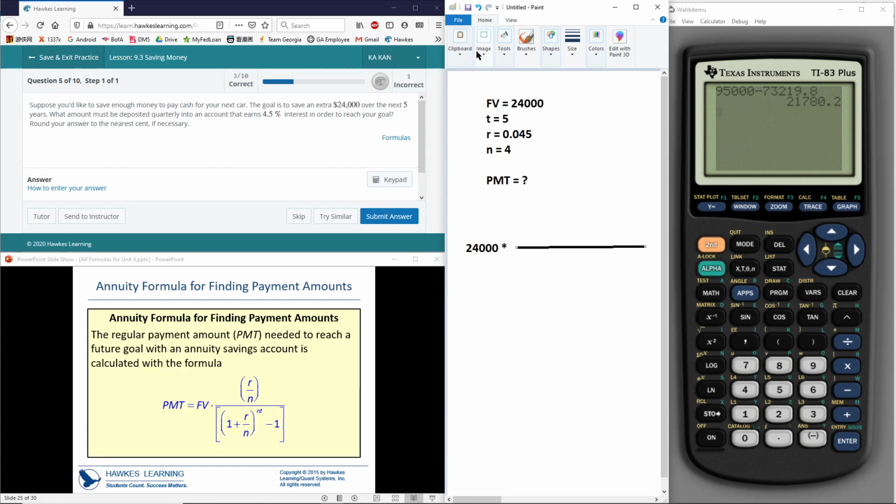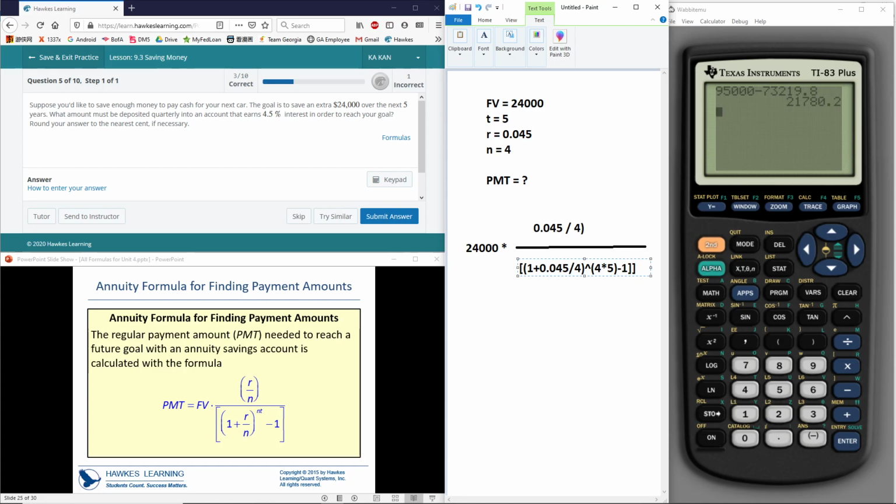The top is gonna be, and I know it's a pain, R over N, which is 0.045 divided by 4, right? And the bottom is gonna be 1 plus 0.045 over 4, and raise it to the power. What's NT? 4 times 5, and then minus 1.